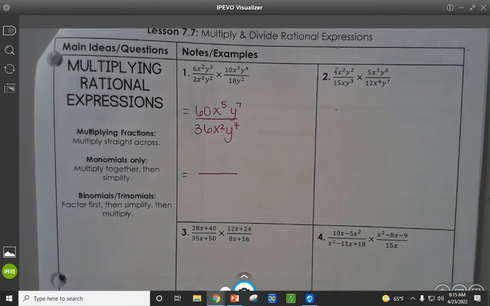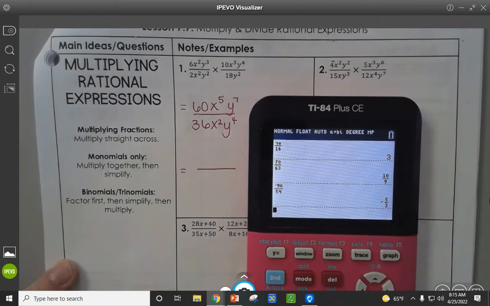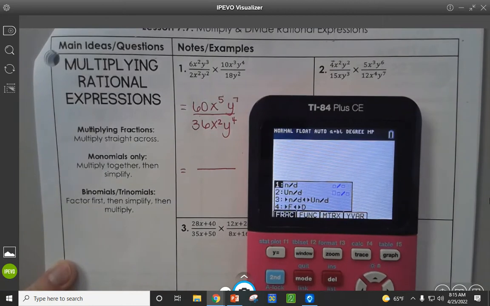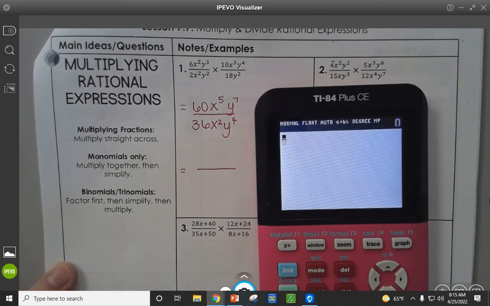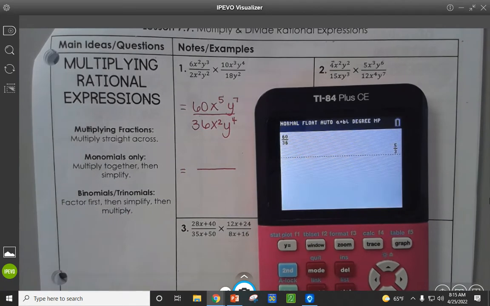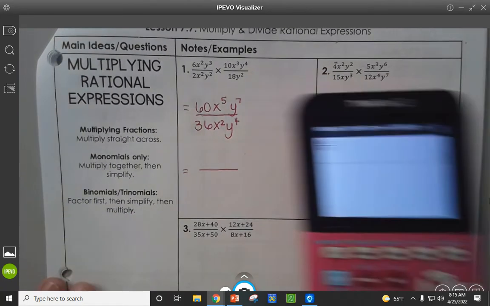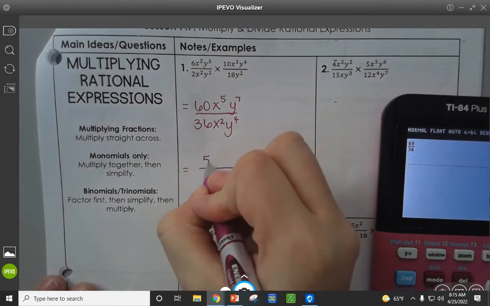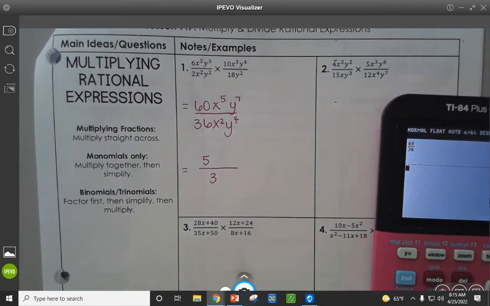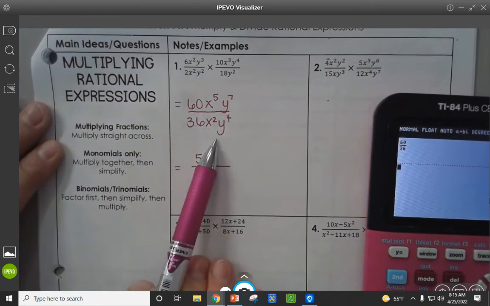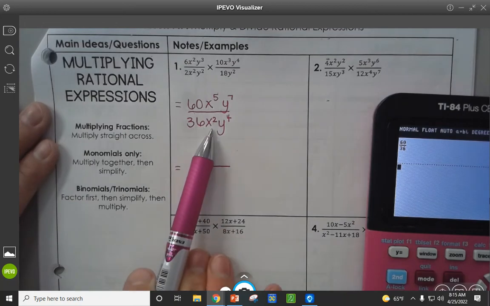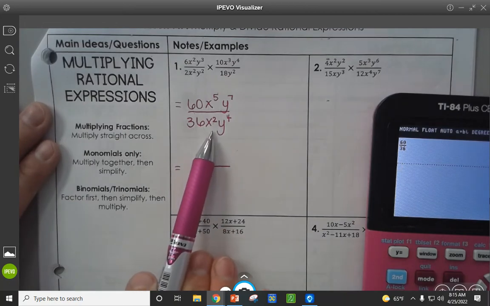All right, now we need to simplify this fraction. So if you go to your alpha y equals and type in 60 over 36 and hit enter, it goes ahead and simplifies it for you to 5/3. And then your x's, we have 5 x's on top, 2 x's on bottom.